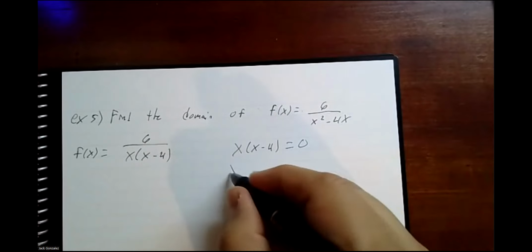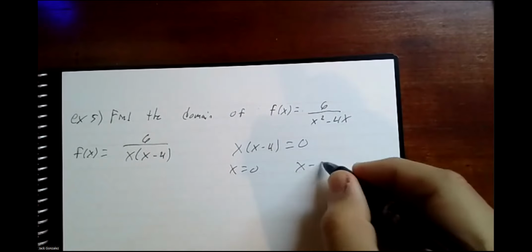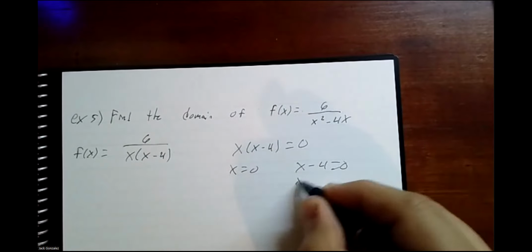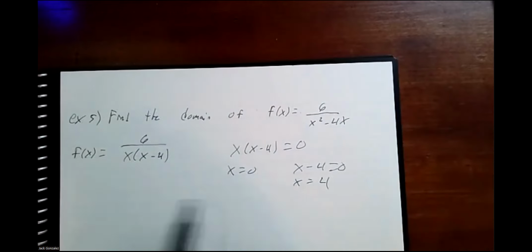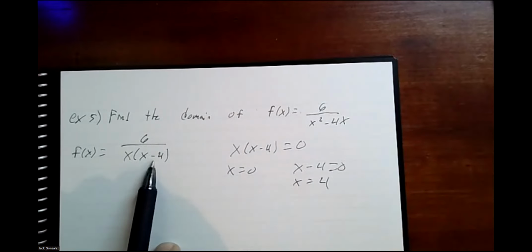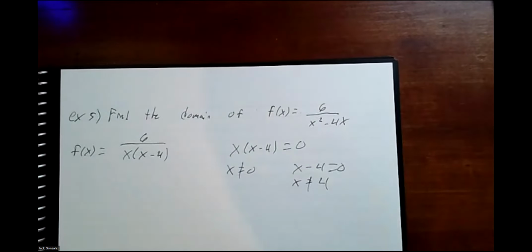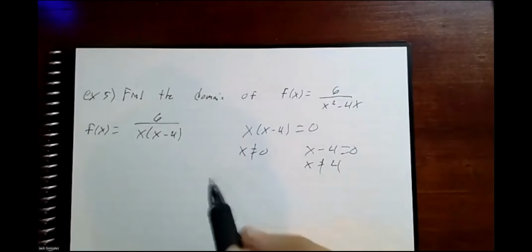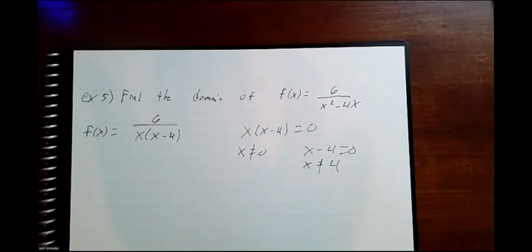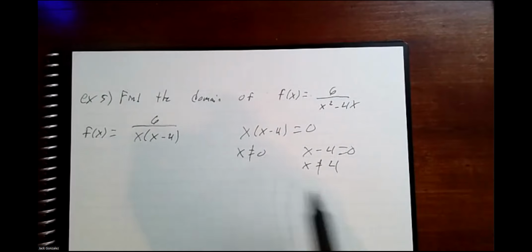Once it's factored, you can set each part to 0. So there's not much work to be done. We're going to have problems when x is 0 and when x is 4. So the domain would tell you you can have any other value except these two.